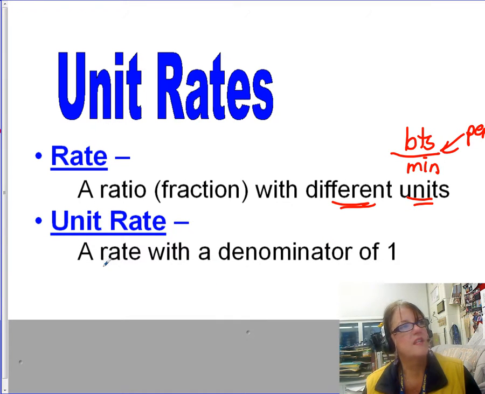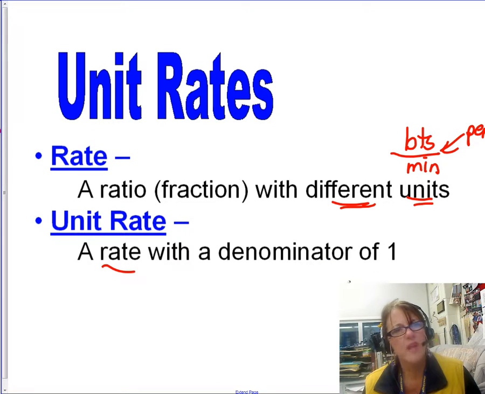All right, well, then what's a unit rate? A unit rate is simply a rate, but now the denominator's 1. Okay, what does that mean? Let's say I calculate what my heart rate is, and let's say I have something like 140 beats in 2 minutes.